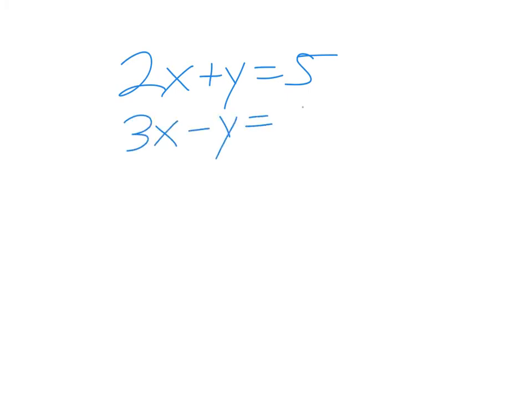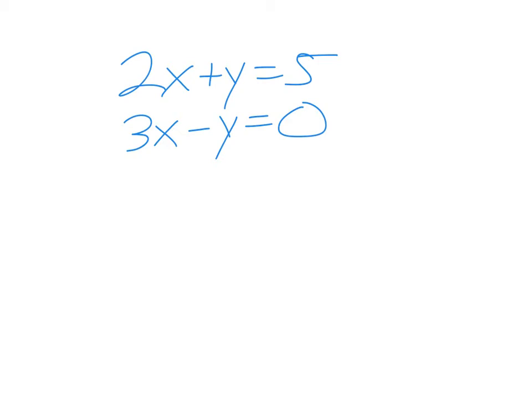Okay, so I'm going to give you one here. Let's say I give you 2x plus y equals 5 and 3x minus y equals 0. Pause the video and I want you to try this question and then we'll go over it.